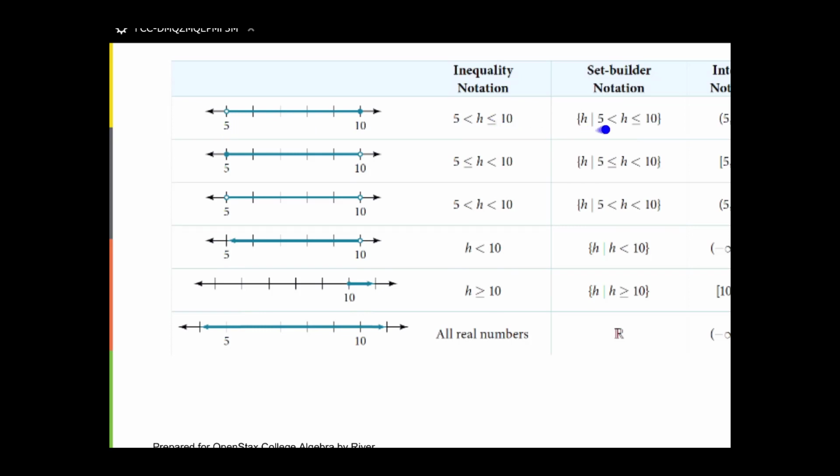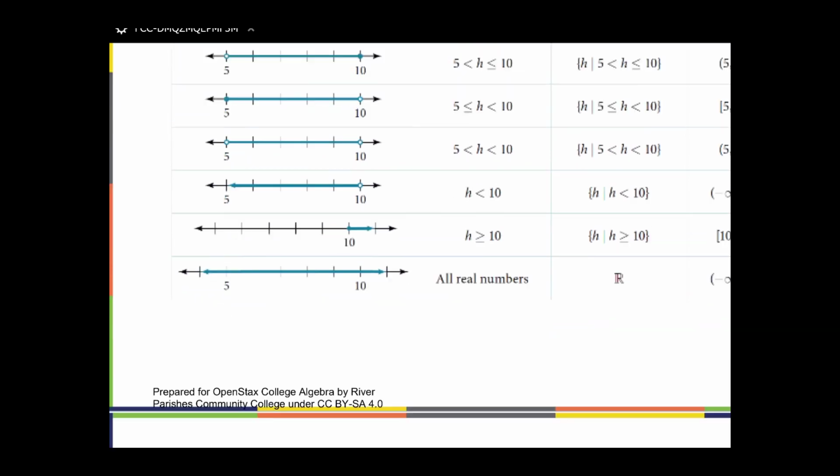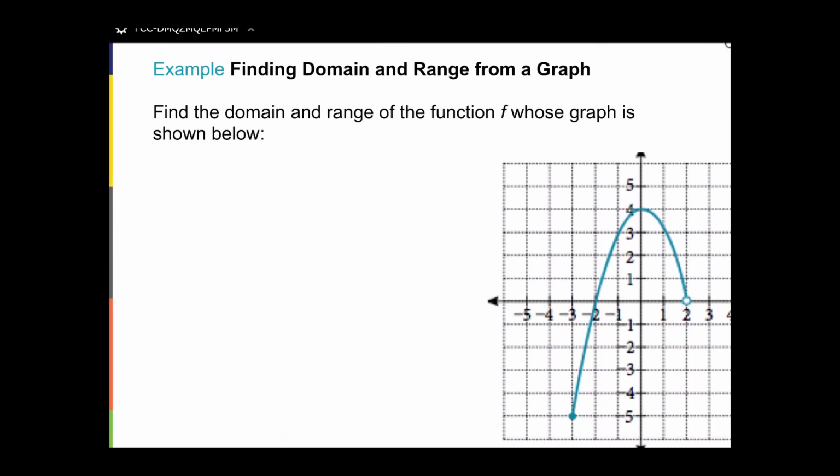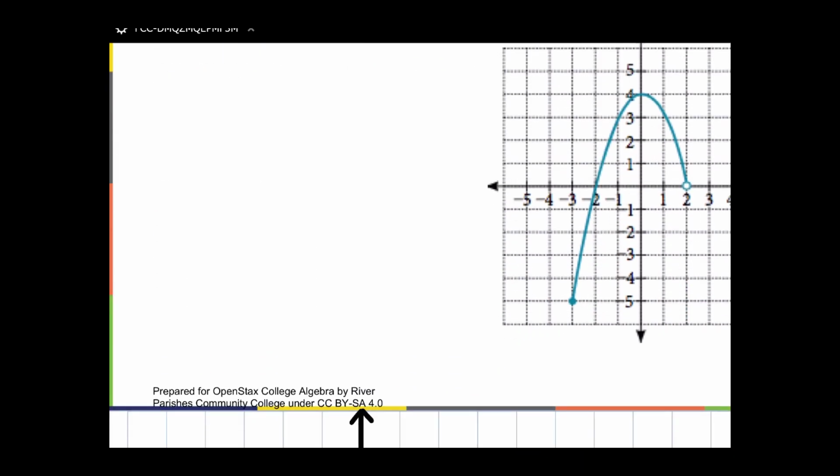And then this would be set builder notation, repeating it, but with an H bar in front. H is all numbers such that 5 is less than H is less than or equal to 10, and this would be interval notation. You can look at all of those at your leisure, and we will move on to the graphs.